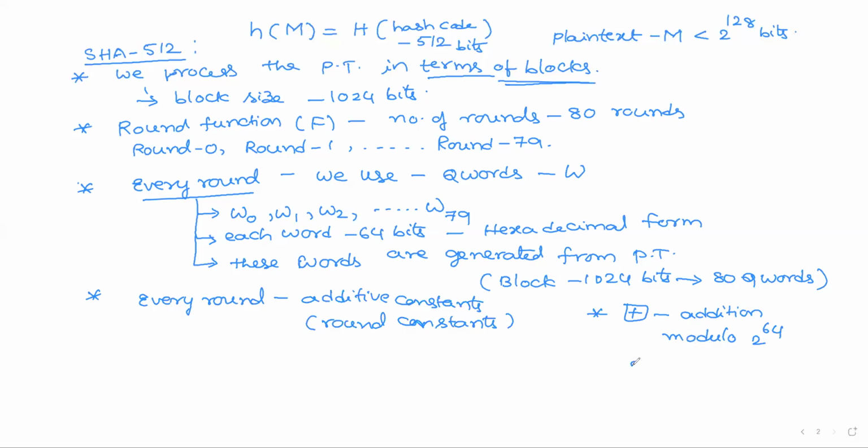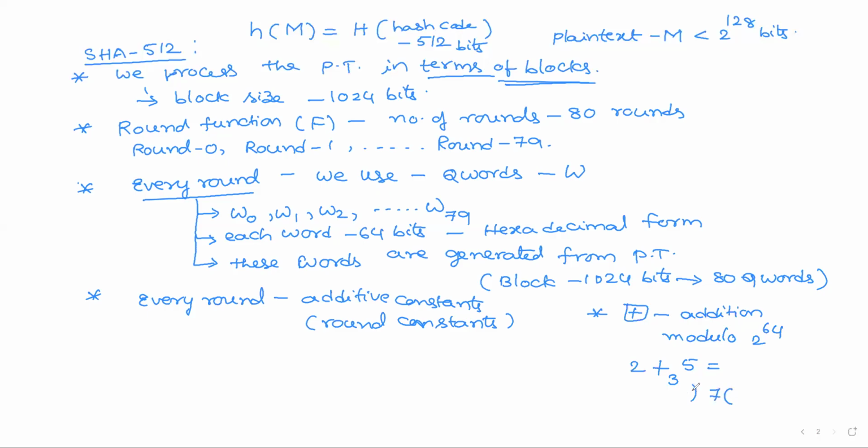For example, I am taking 2 addition modulo 3 of 5. What is this? It is nothing but the remainder when 2 plus 5 is divided by 3. 2 plus 5 means 7.